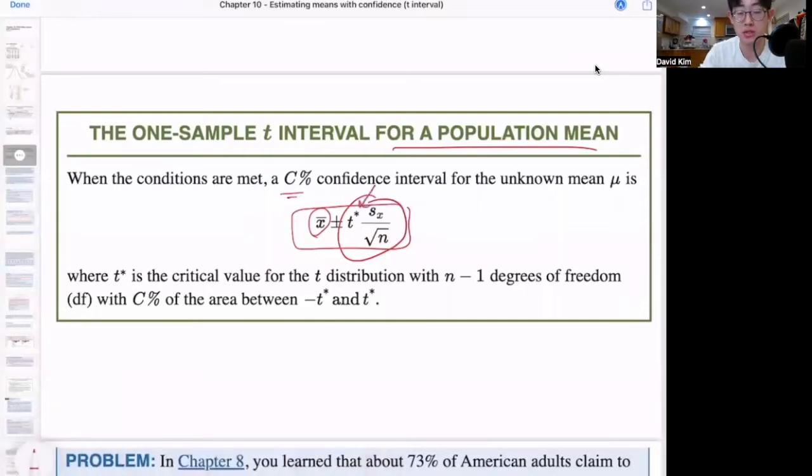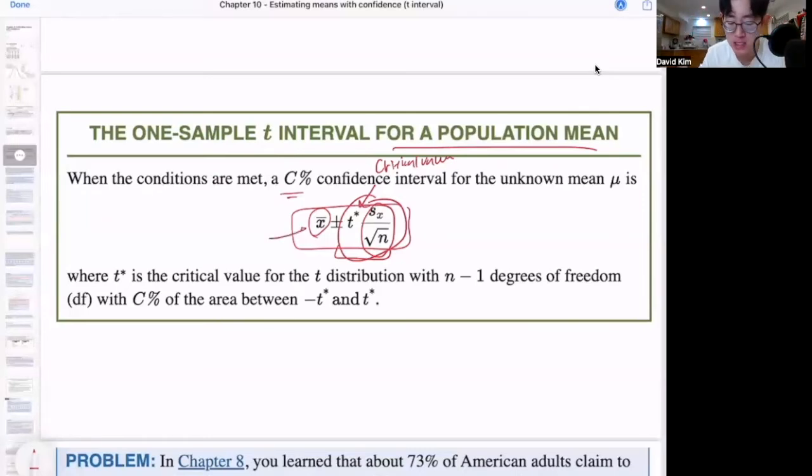I have to double check on the vocabulary a little bit, but this is your standard deviation, very similar to what you've seen before with a margin of error. The plus and minus t times the standard deviation over square root of n gives you the higher and the lower boundary. So your interval from this to that captures the true mean.